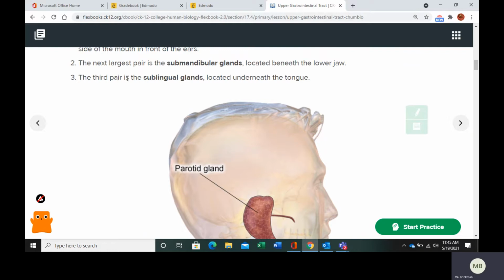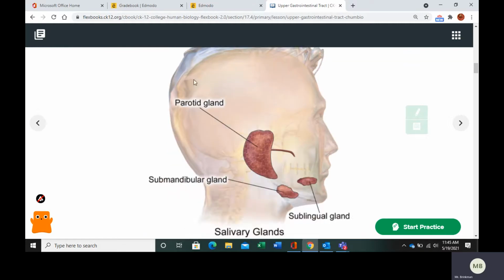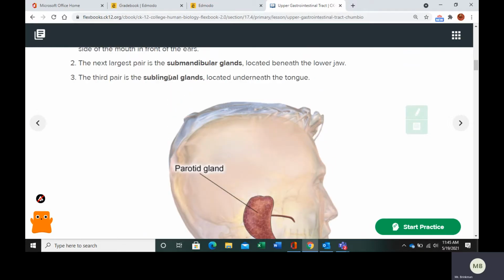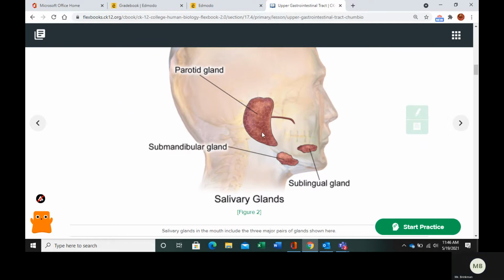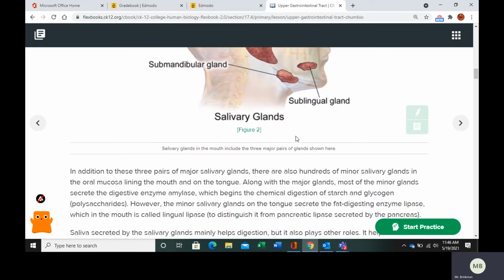The third pair are the sublingual glands. Anything that's lingual has to do with the tongue, so sublingual is under the tongue.